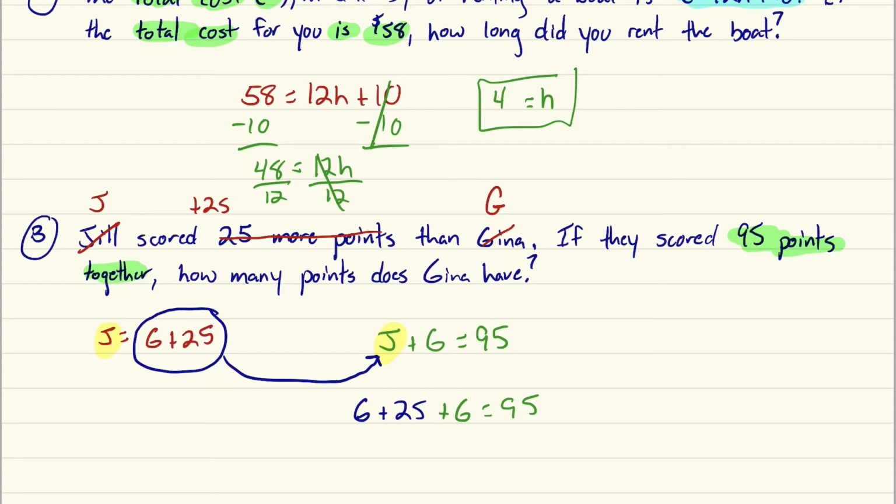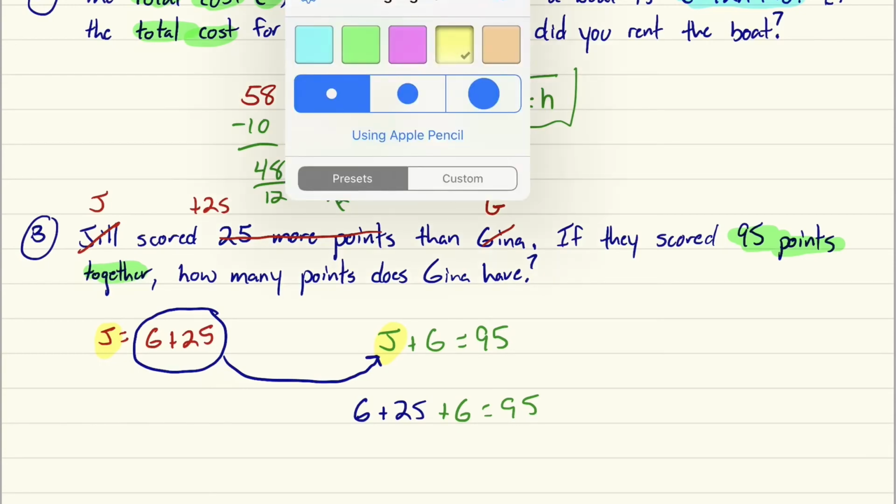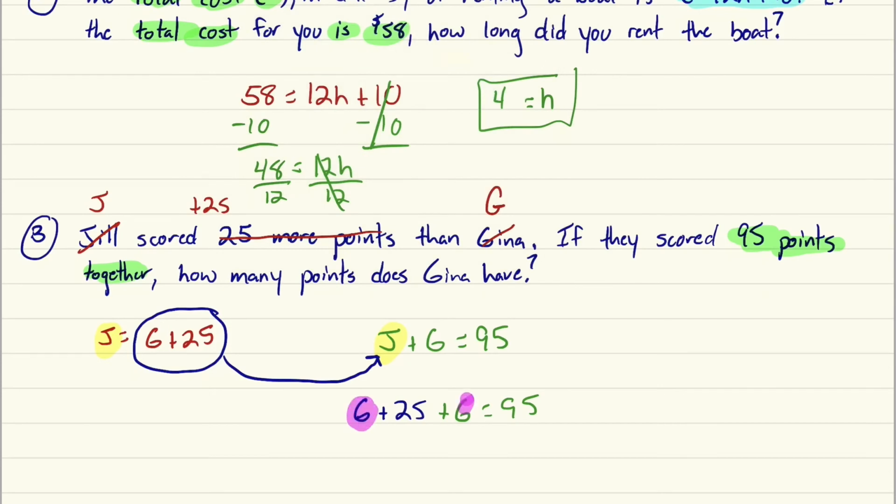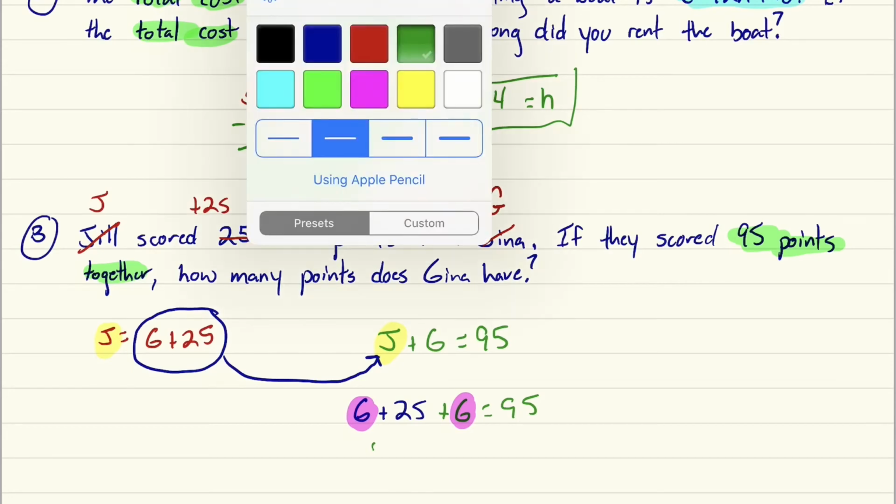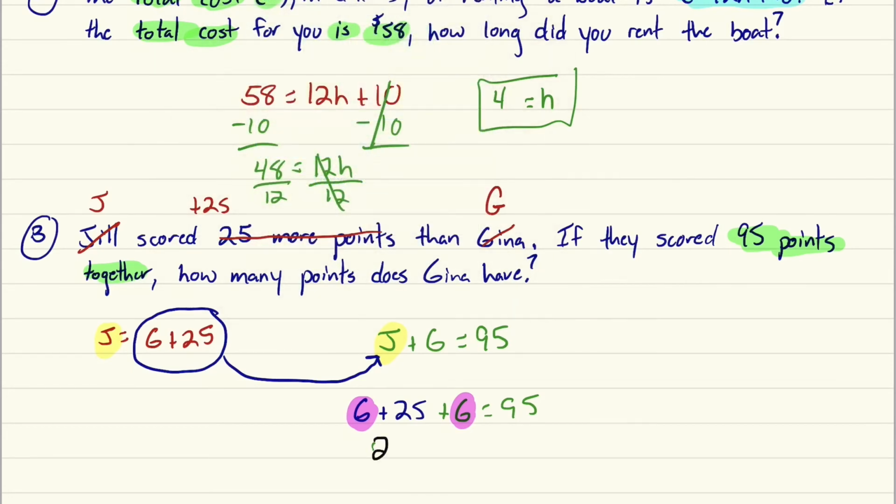So now that I have this, I'm in a spot to where I've seen something like this before. I got some like terms, so that's going to give me, let's use a different color here. Let's use black. 2g plus 25 is equal to 95. And now I'm just into a two-step equation.